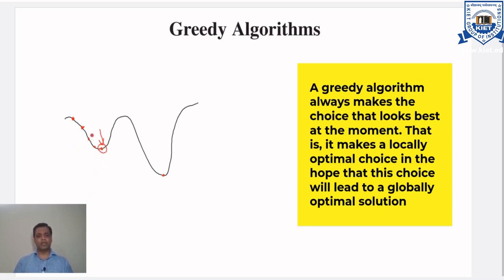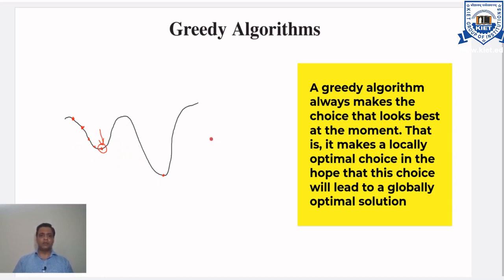I am talking about the gradient descent method, but you could apply this for finding the deepest metal in the desert. So now you are stuck in a local minima. Why are you stuck in a local minima? Because whatever your approach is, it gives you this position, and you can't go beyond this point. A greedy algorithm works something like this.